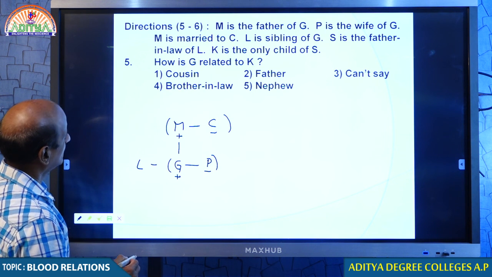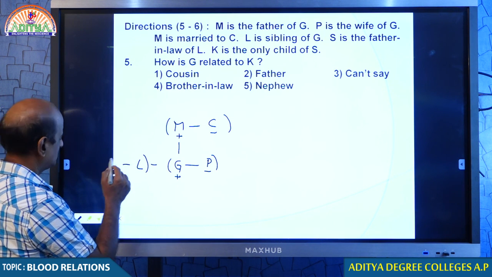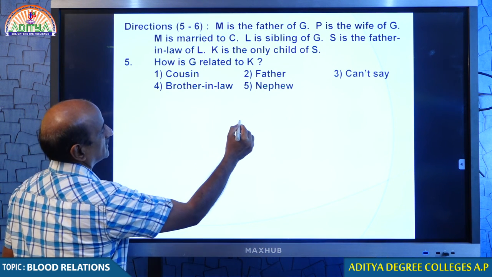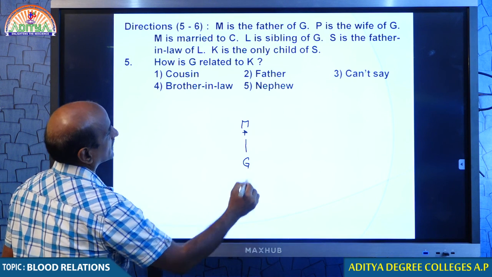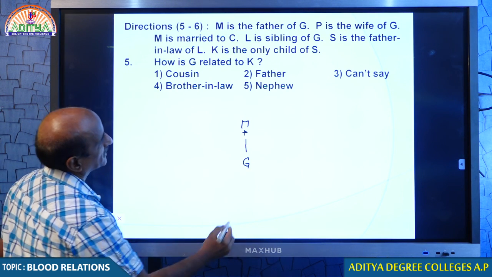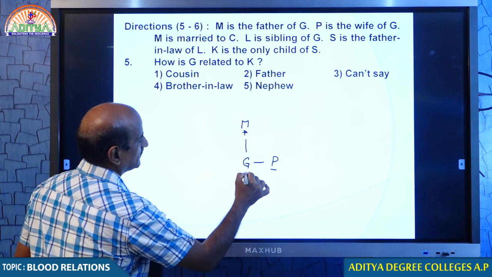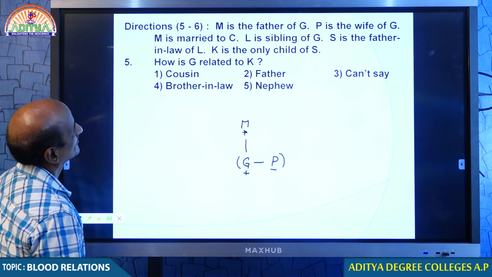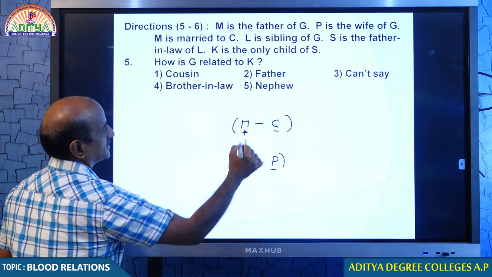S is father-in-law of L, which means to say that, come on student, M is father of G. P is wife of G. Because P is wife, G must be male. M is married to C, therefore C must be female.